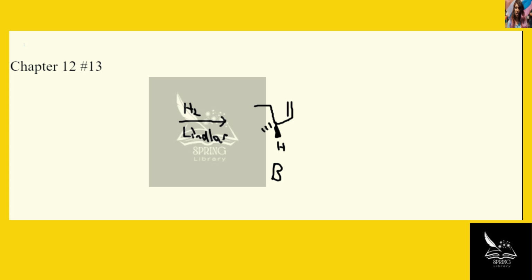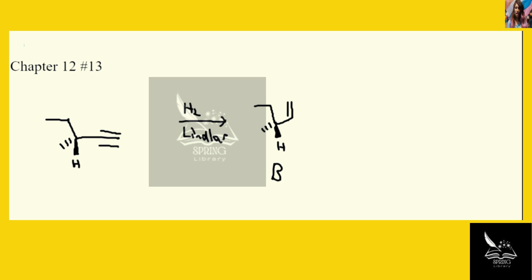And so to draw the molecule that this molecule came from, we just need to think about making an alkyne here instead of the alkene, and then everything else about the molecule is really going to be unchanged. So our stereocenter is going to be the same in the starting material as it is in the product. The only difference is instead of that alkene, we're going to have an alkyne. And so this is the structure of A.